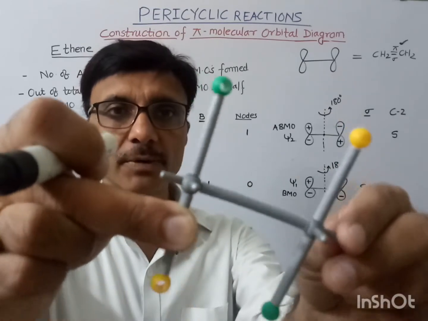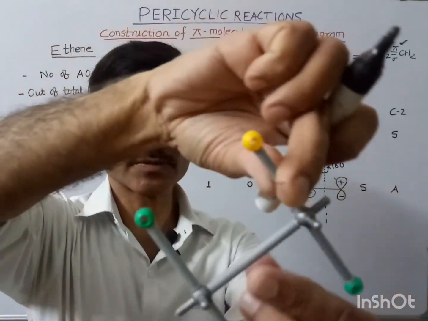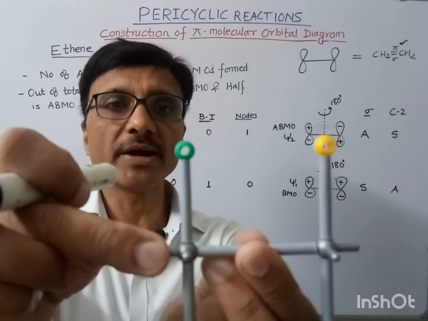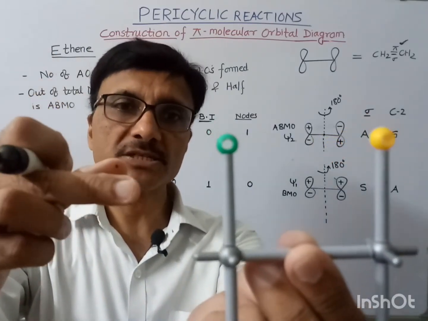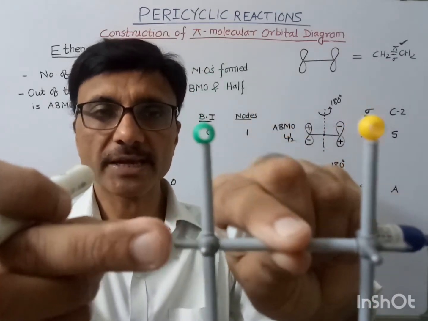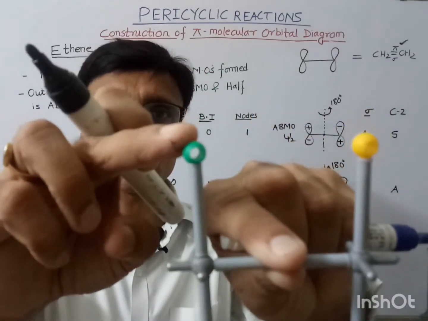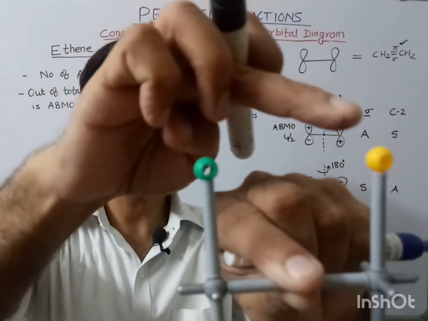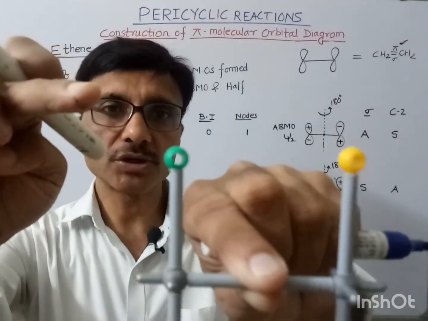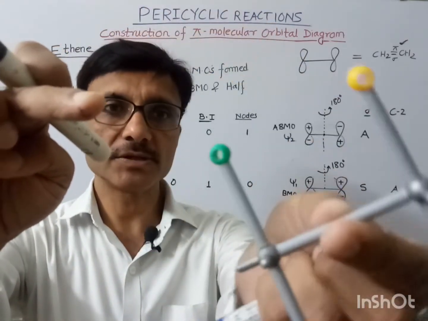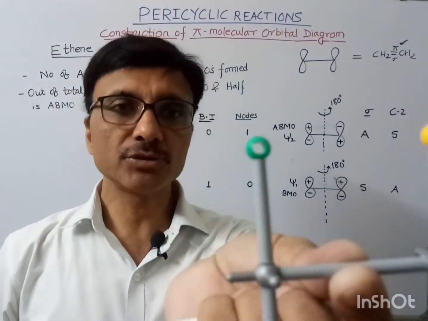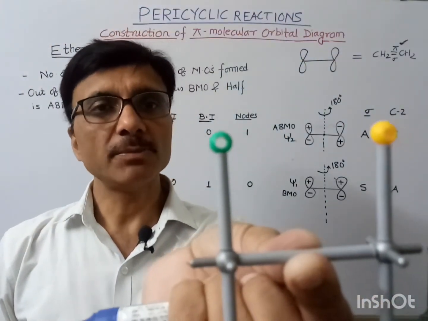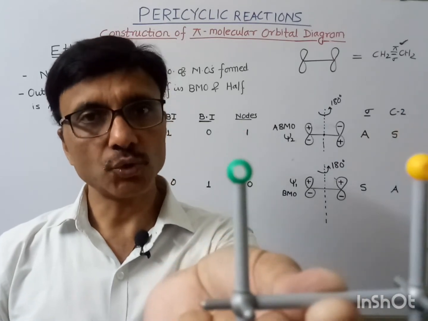After rotation, what will you find? At plus, plus is coming, at minus, minus is coming. Firstly plus was at this end, minus was at this end. After rotation by 180 degrees, the plus is at the same position, minus is at the same position. It means this is symmetric with respect to C2.